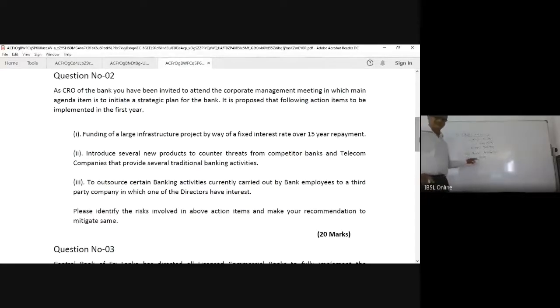When you do strategic risk, you can talk about various theories like SWOT analysis, Michael Porter's competitive advantage. All those you can mention here because strategic risk management has to be done with those models.